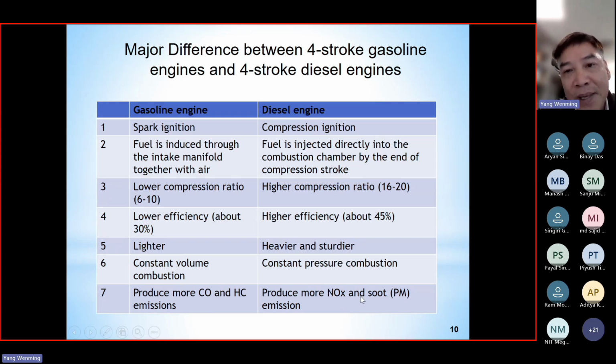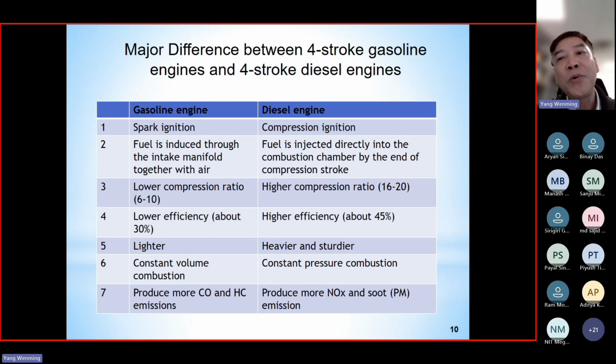These engines produce more NOx emission because of the higher compression ratio, higher temperature, higher pressure. As we know, NOx emission is a high temperature product, correct? And for soot emissions, because for these engines the fuel is injected into the engines through a high pressure fuel injector, right?